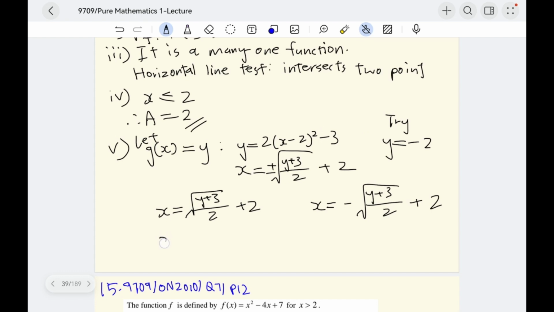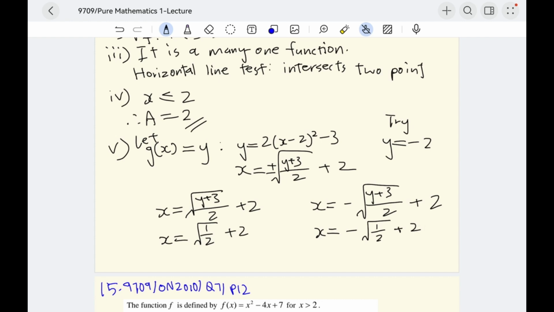For the left hand side, I put negative 2 inside here, so I will get 1 over 2 plus 2. Meanwhile, for the other side, I have negative 1 over 2 plus 2.